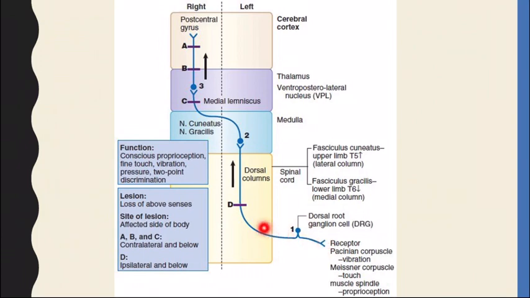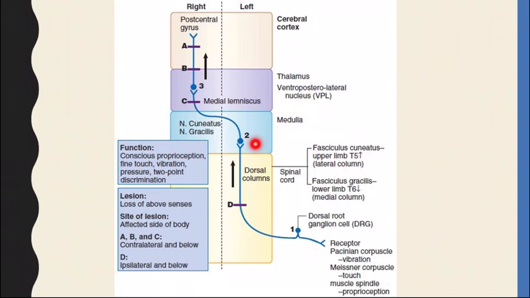So, they will travel along the spinal cord and end in the respective area of the medulla. Fasciculus gracilis will end in nucleus gracilis and fasciculus cuneatus will end in nucleus cuneatus.